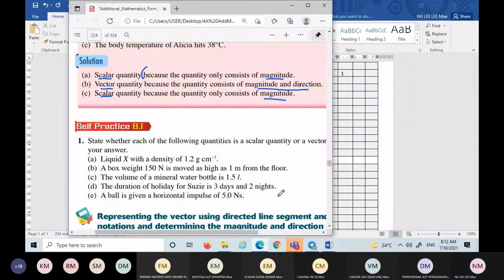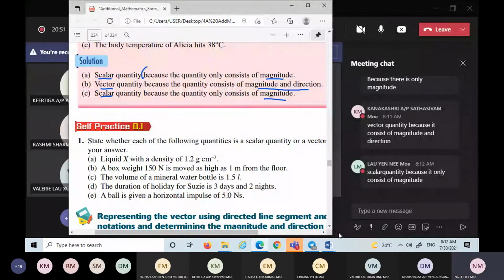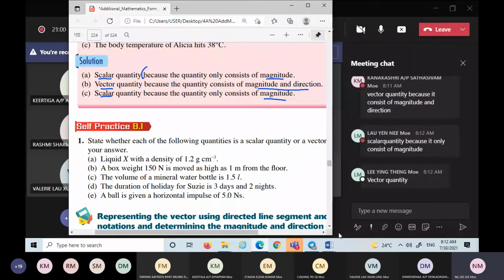Yinting, answer for E, please. Impulse. Vector. Horizontal impulse. The horizontal shows the direction already.